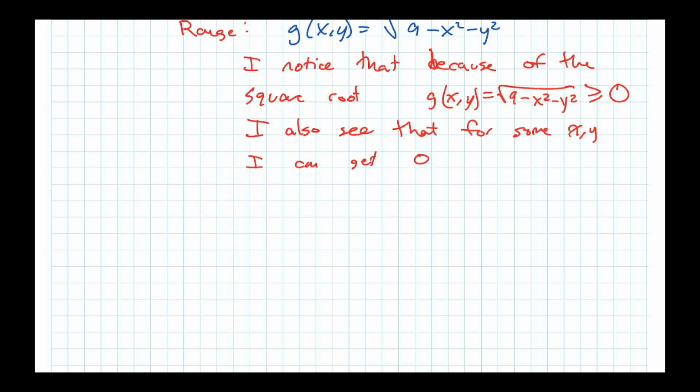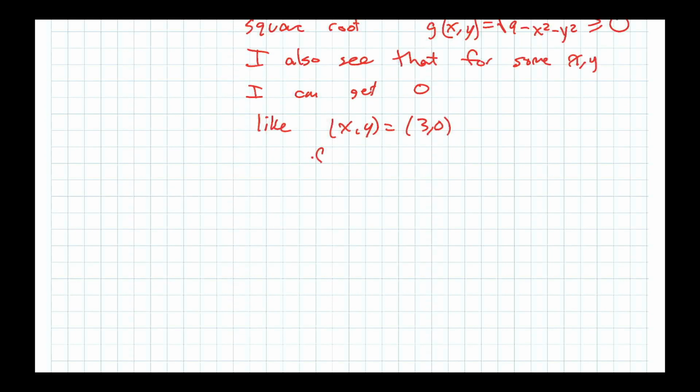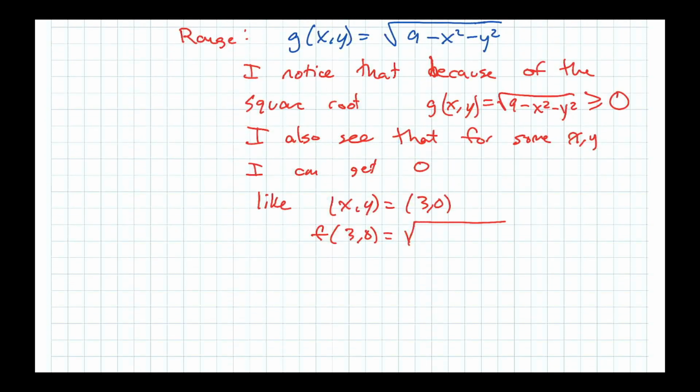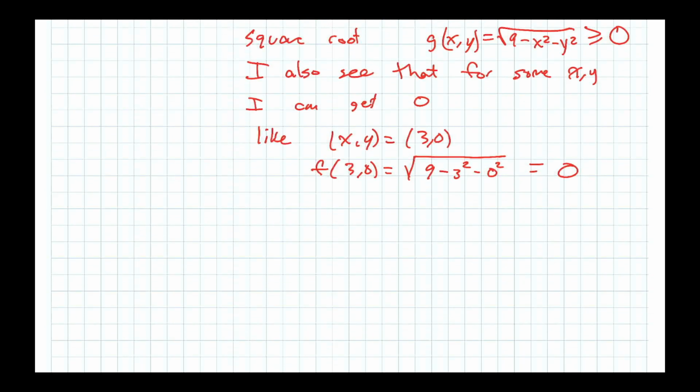For example, x, y equals 3, 0, right? g of 3, 0 is going to give you the square root of 9 minus 3 squared minus 0 squared, and that's 0. So I can see that the smallest value you can get is 0.